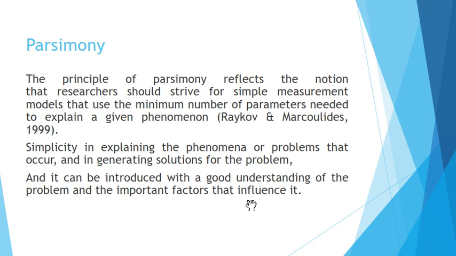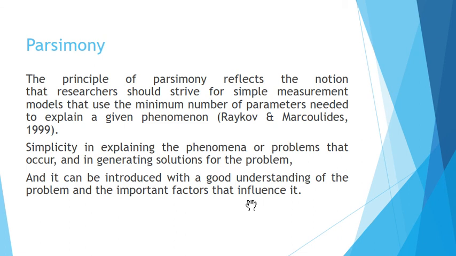Class, in this step, basically it's saying that we should use a limited number of factors to explain our outcomes, our results. For example, there may be two or three variables that explain a particular outcome, and there may be 10 to 15 variables that explain it.